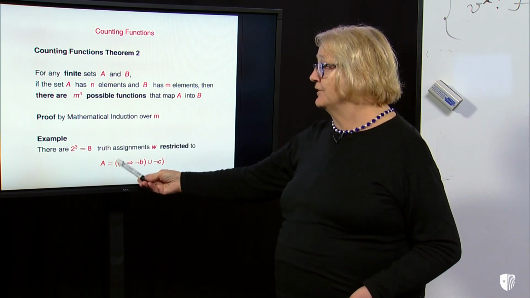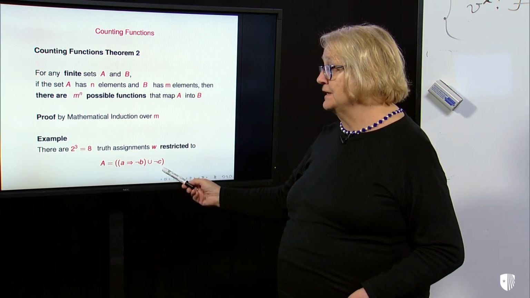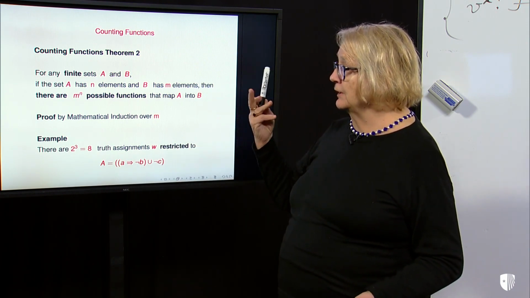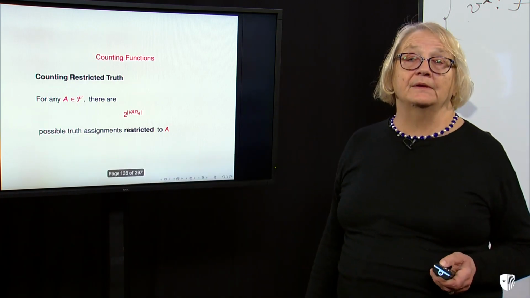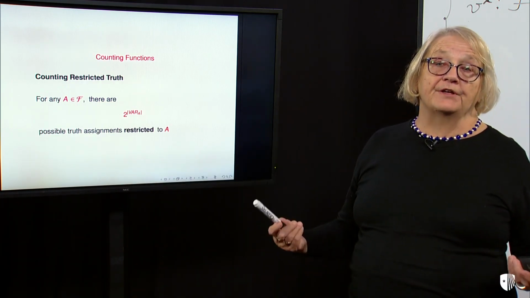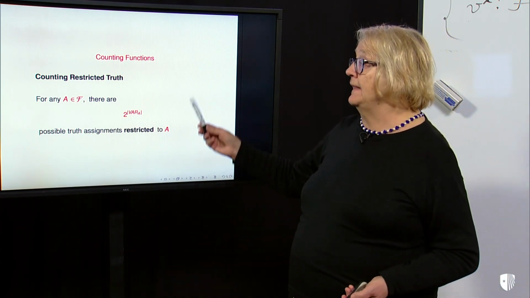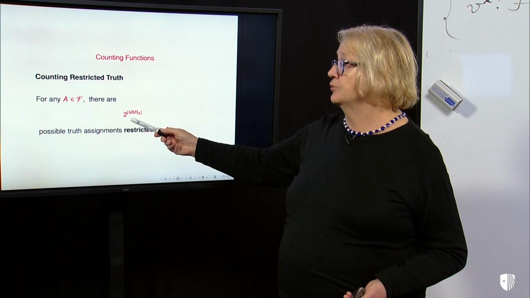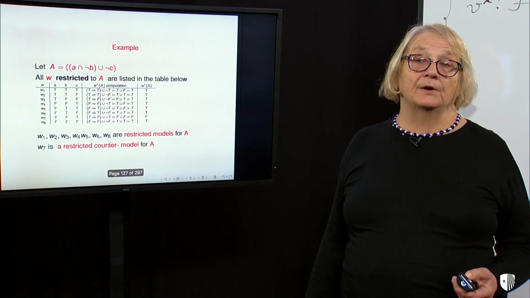So here the functions are from 3 elements to 2, because you have 2 logical values, so it would be 2 to the power 3, that is 8, truth assignments. In general, you have the counting restricted models theorem: for any A, there are 2 to the power the number of variables in A restricted models.